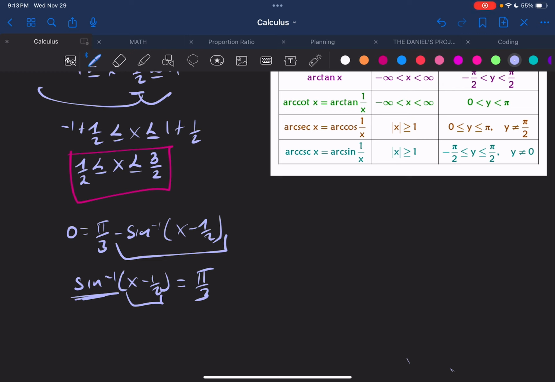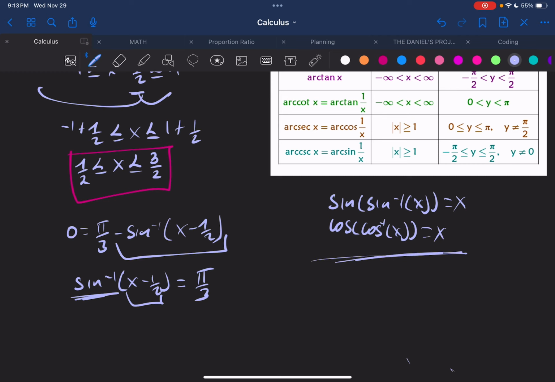There's a rule in math that sine of sine inverse of x is equal to x on a restricted domain, of course. The same thing goes with cosine of cosine inverse of x, which also gives me x on the restricted domain.